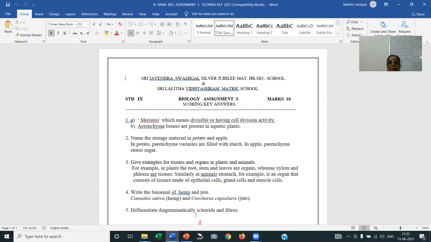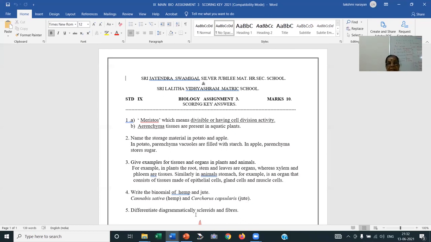Whereas in animals, the stomach, for example, is an organ. It consists of tissues made up of epithelial cells, gland cells, and muscle cells. 3 types of cells. I hope you understand. And then this is the classification: cell, tissues, organ, system, and organism.